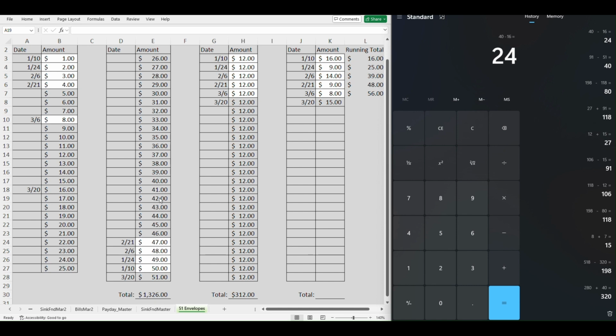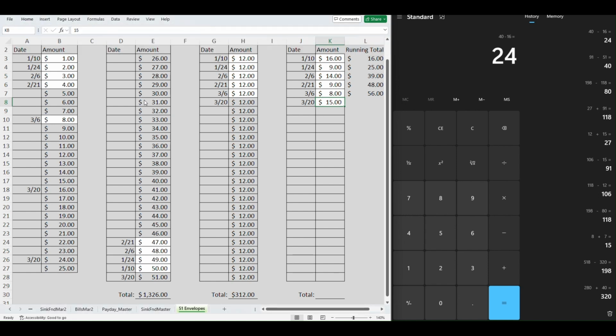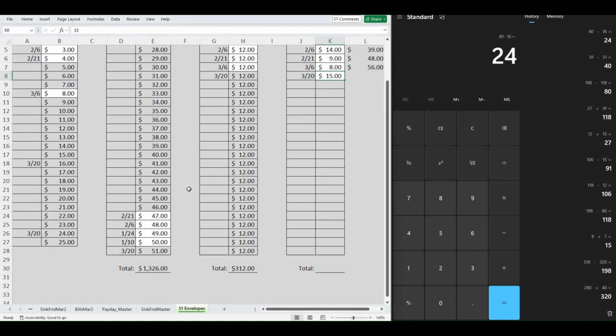And 24 is empty, so I'll go ahead and use it. So we're getting some of these envelopes filled in. And I'm just going to change the color of the shading there. If I was doing this on paper, I would just either use a color to fill these in, or just have the date on there and not have any colors on it.